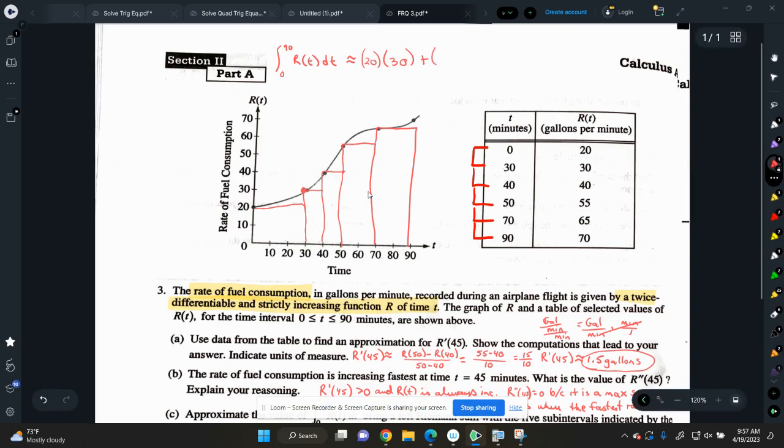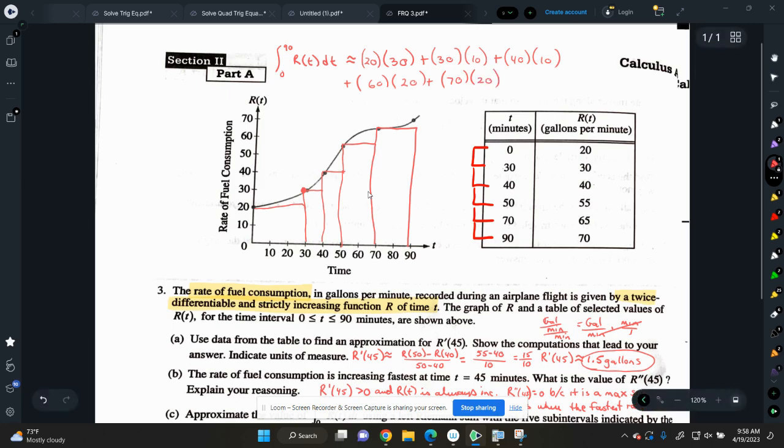And then we've got 30 times the width, which is 10, plus 40 times the width, which is 10, plus, let's see, 60 times the width of 20. 1, 2, 3, 4, plus this one's going up to 70 times a width of 20.